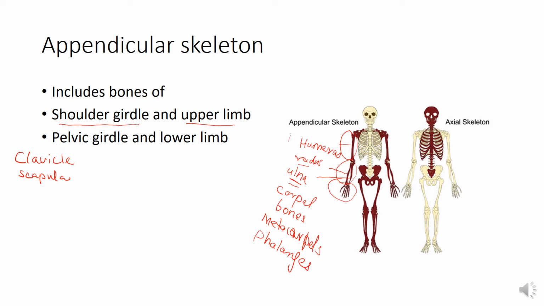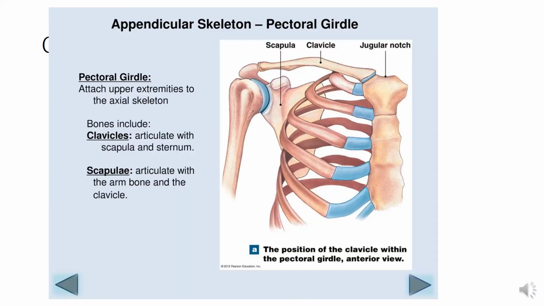So these are the bones of the upper limb, and these are the bones of the clavicle and scapula. So today we will discuss these bones. The pectoral girdle or shoulder girdle attaches the upper extremities to the axial skeleton. So here you can see the clavicle and the scapula attaching the axial skeleton with the appendicular skeleton.